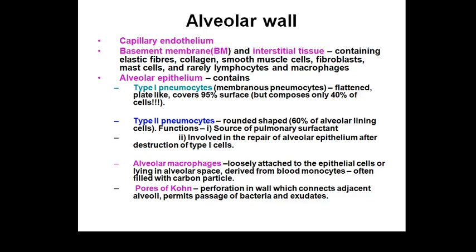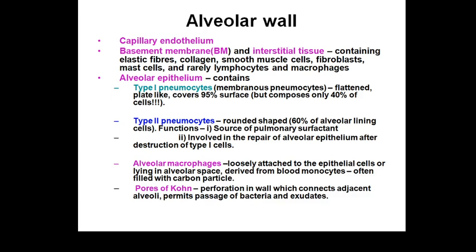Now coming to the microscopic structure of the alveolar wall or the alveolar septum. If we proceed from blood to air, then first comes the capillary endothelium, which lines the anastomosing network of capillaries.